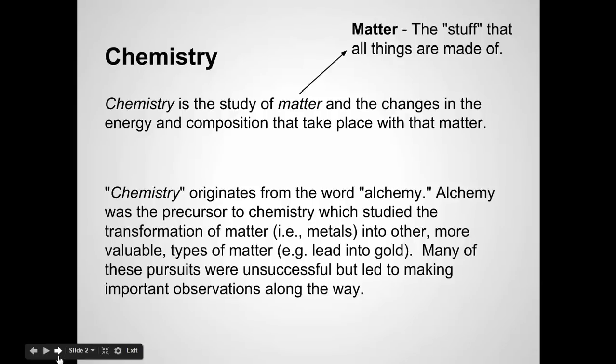Obviously we can't change straw into gold, so this was unsuccessful. But by attempting to do this, alchemists made a lot of important observations that helped with chemistry. As they were studying, trying to figure out how do we change lead into gold, they made a bunch of observations that were very helpful later on.